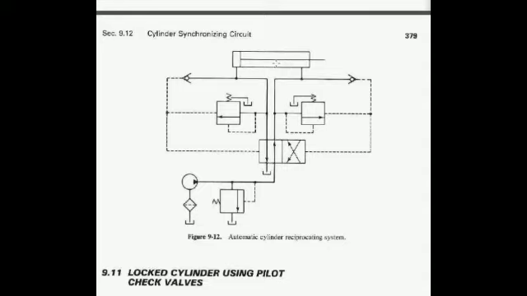When I get complete retraction, the pressure is going to build up on the rod end side of the cylinder, so that there is an increase in the pressure in this line also. The spring setting we are going to set should be more than the pressure we require for the movement of this cylinder.